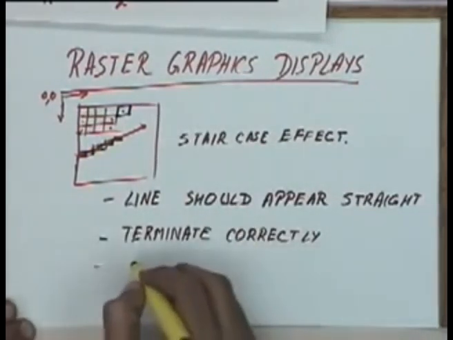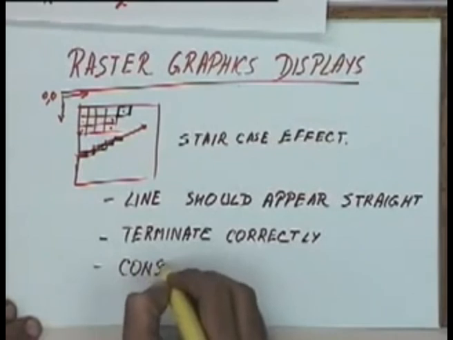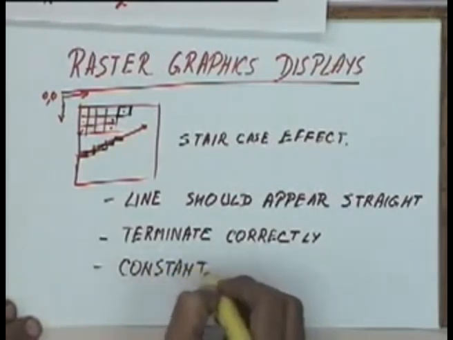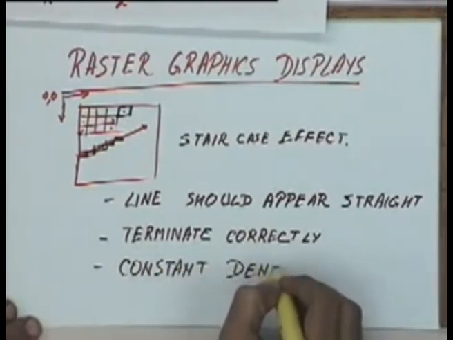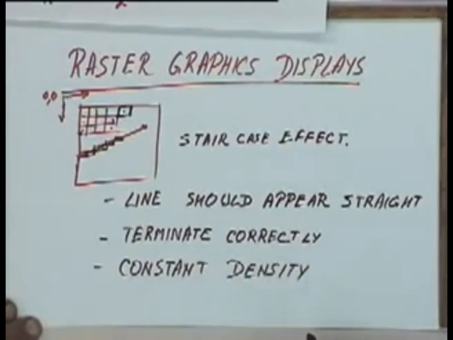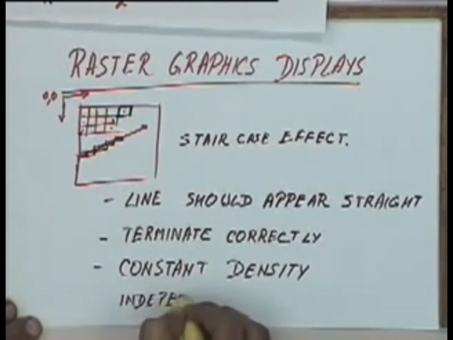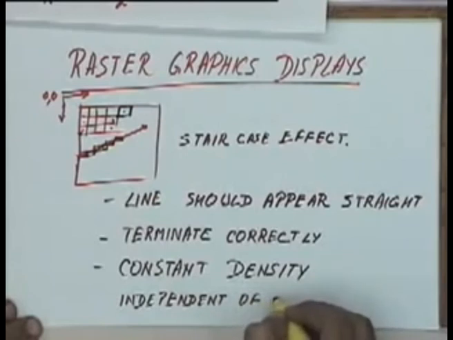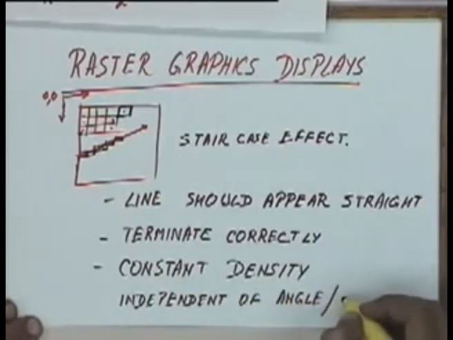Then the line should have constant density. This density should be independent of the angle of the line or the length of the line.